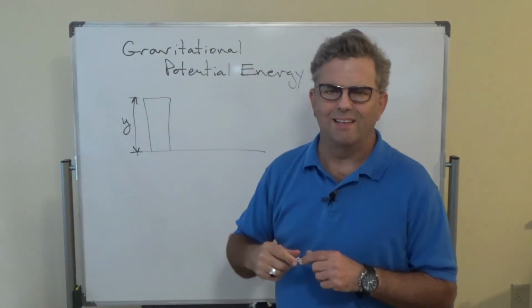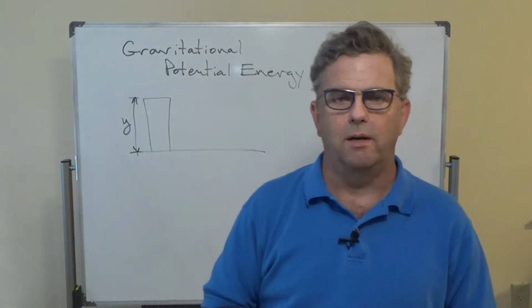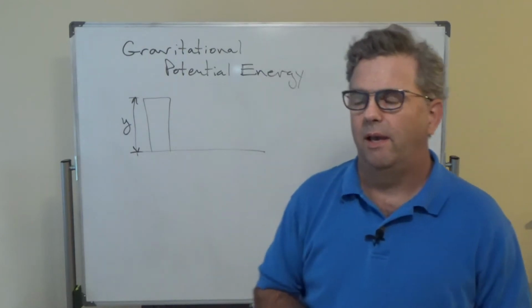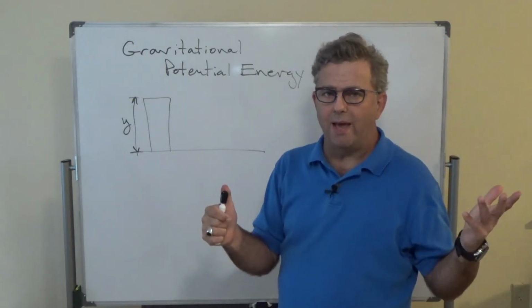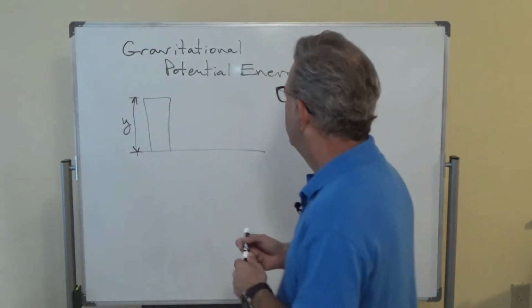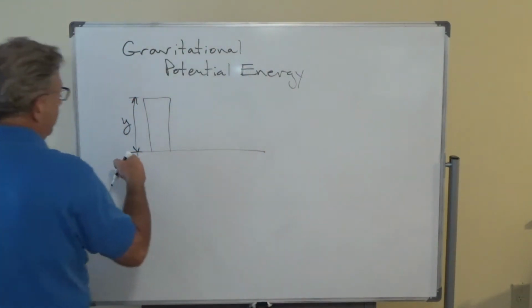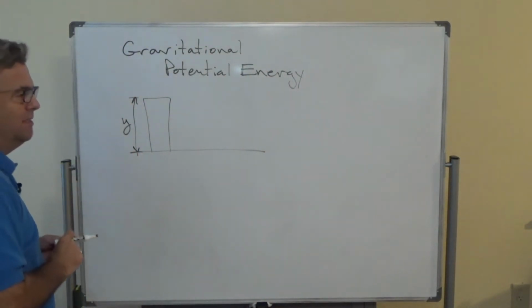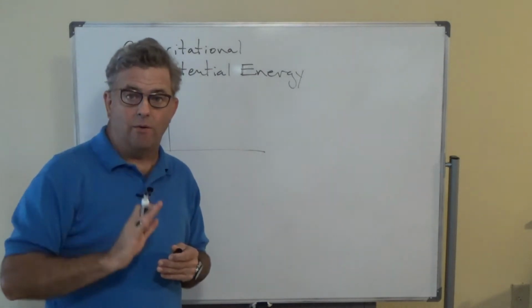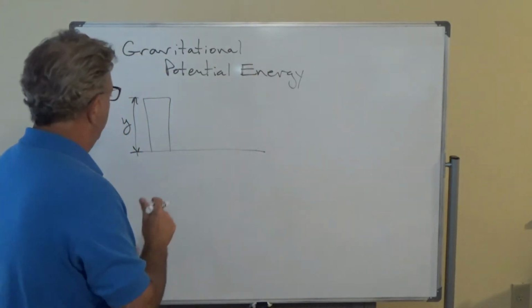Most texts, I think, or many of them use h, and I may slip up and do that as well, but h, y, it's just this distance that you're moving up and down in the gravitational field.